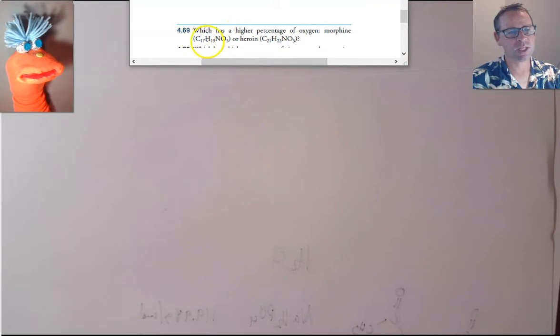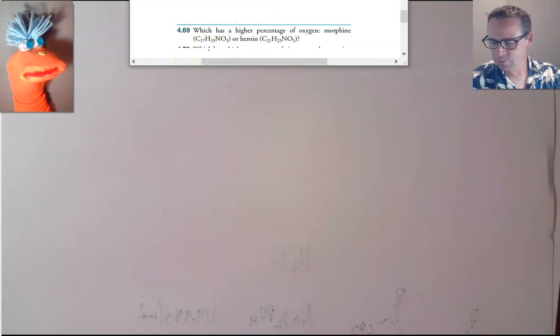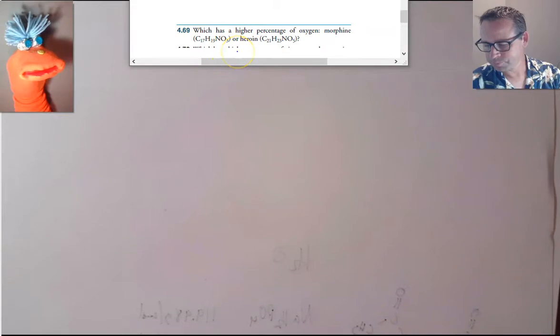So C17H19NO3, we could find that mass. 17 times 12, 1 times 19, plus 14, plus 46, right? For 3 oxygens. Okay. Let me see if the phone knows this one. Molar mass of morphine.